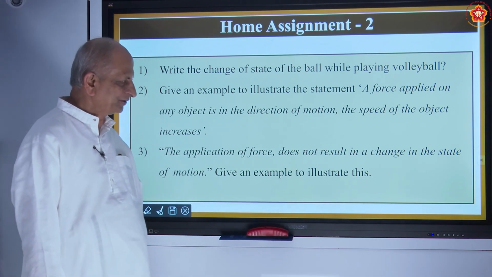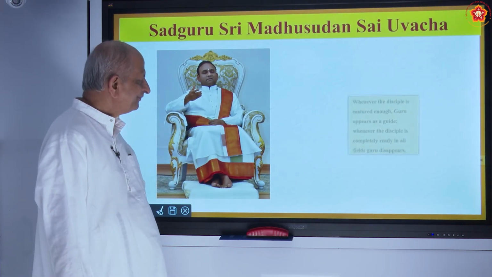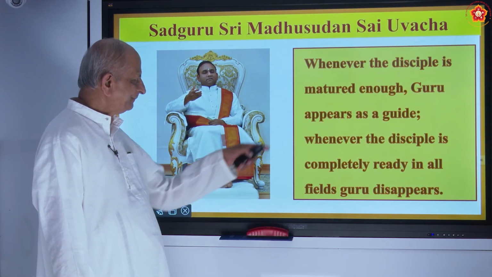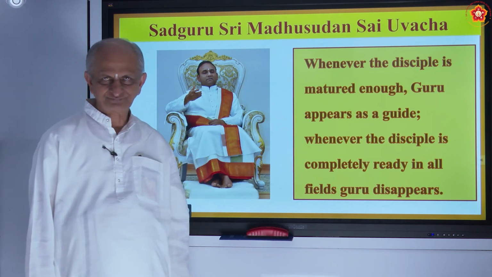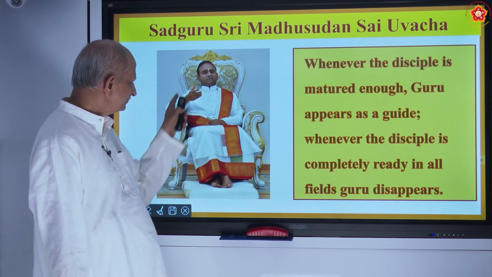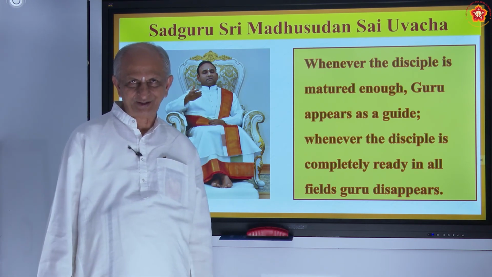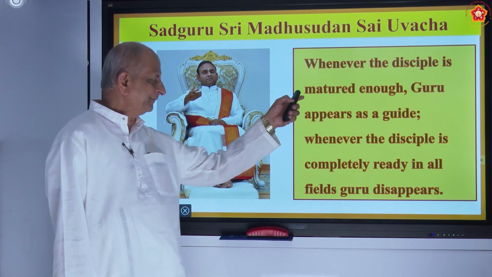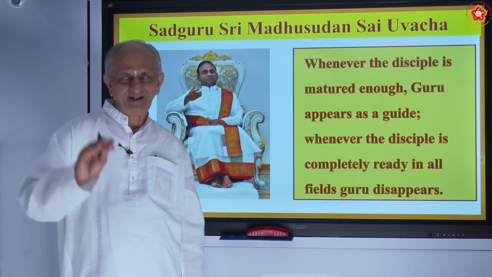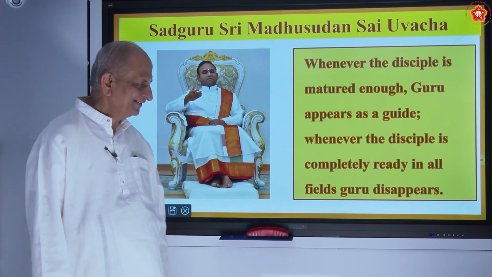Let us see what Sadguru Sri Madhusudan Sai says. Whenever the disciple is matured enough, Guru appears as a guide. For Sadguru, Sri Sathya Sai Baba was a Guru, even for all of us also. So, until he became mature, he was guiding, guarding, chiding, all those.